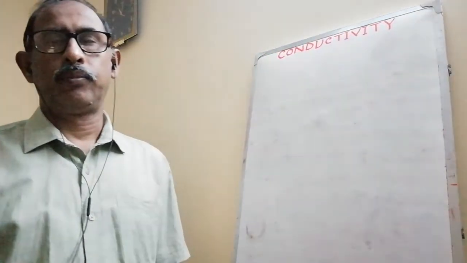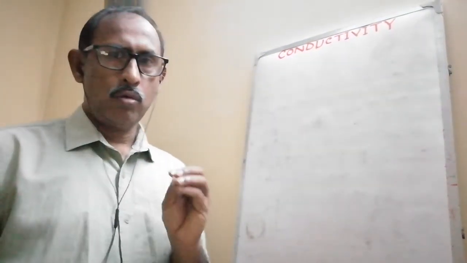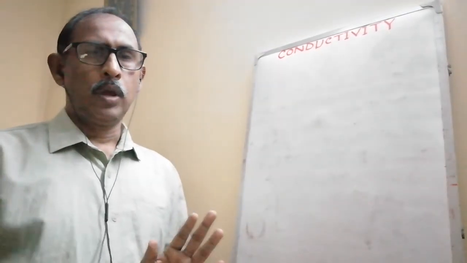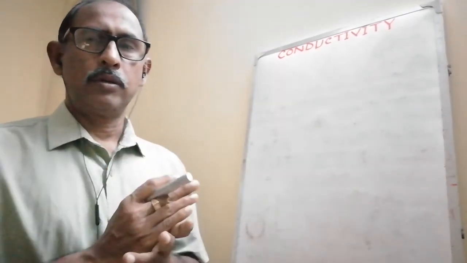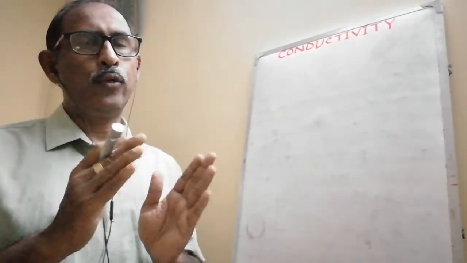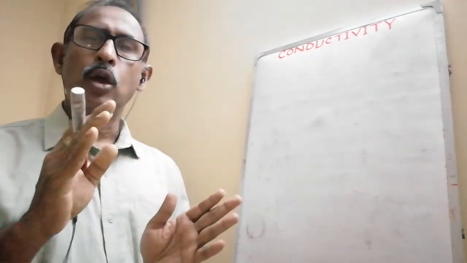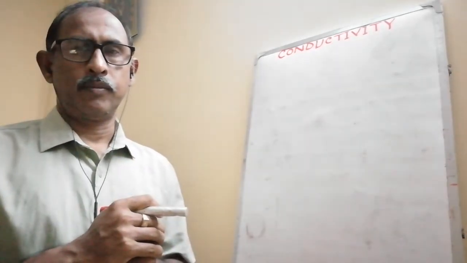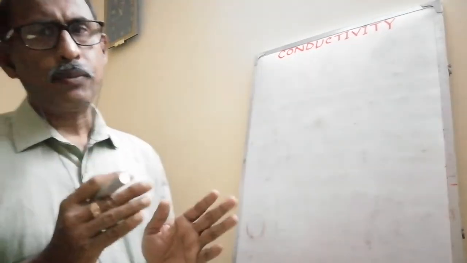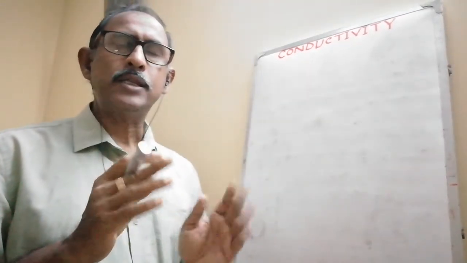Today I discuss conductivity. First of all, what do you mean by conductivity? Conductivity tells us how easily current flows through the conductor, and it is the reciprocal of resistivity.